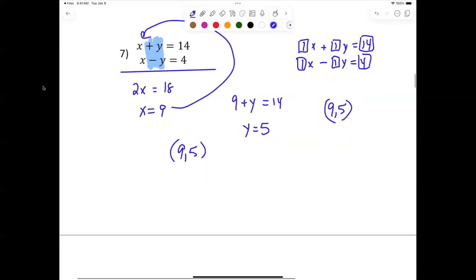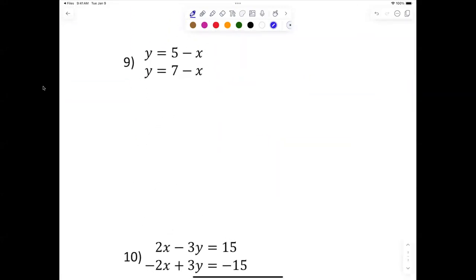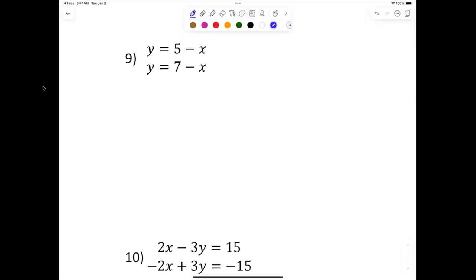All right. Let's flip to number 9 now, please. Look at 9. Does everybody agree? Y equals and y equals. So we're just substituting in 5 minus x equals 7 minus x.